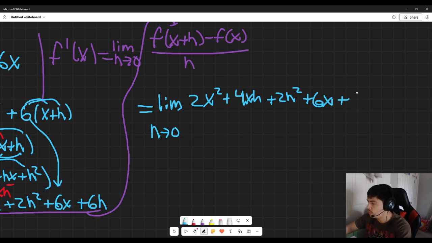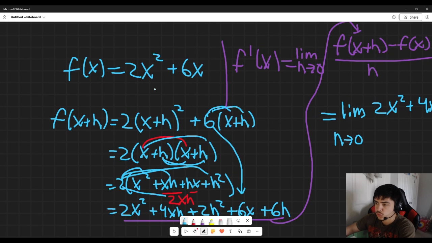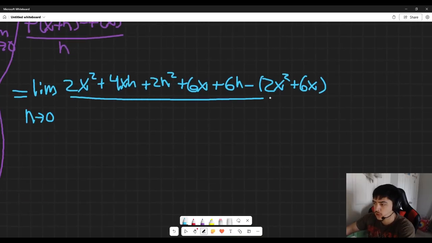And then now we have this minus our original function, which was just 2x squared plus 6x, and this is all over h.